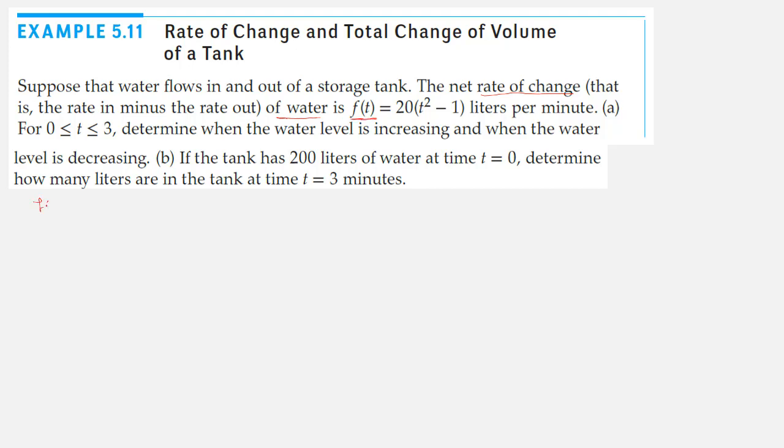So f of t is the rate of change of water, and it is equal to 20 multiplied by t squared minus 1 liters per minute.